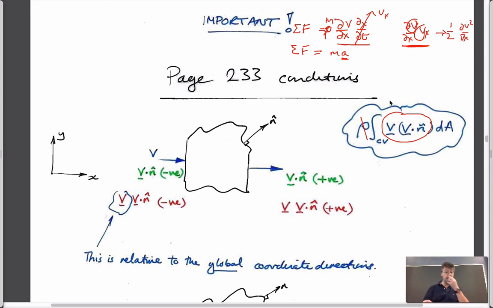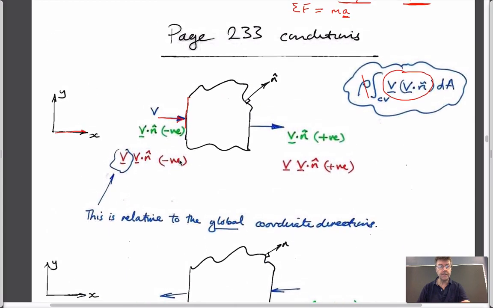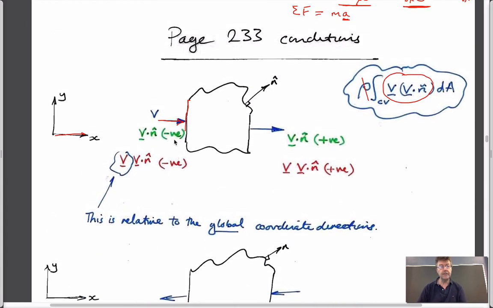So let's get back to our sign convention. This is our body. We'll choose flows in the x direction, so we have some velocity going in the x direction. For our sign convention, the normal to the boundary velocity, remember we have a unit normal coming out like this, would be positive or negative.